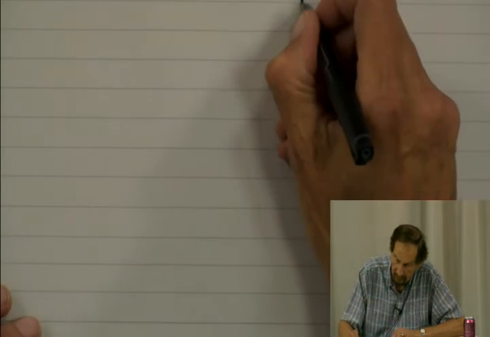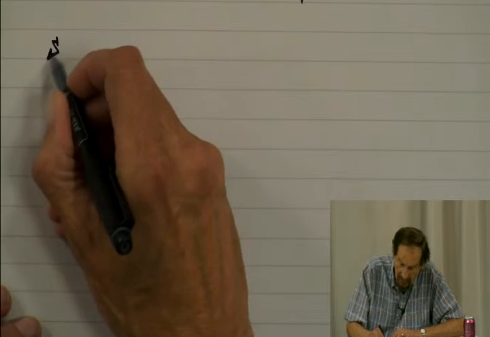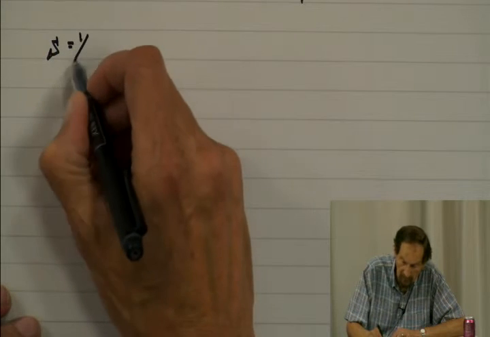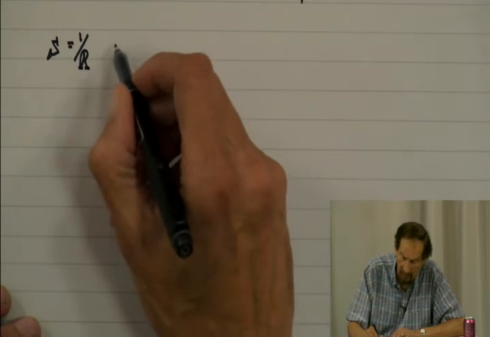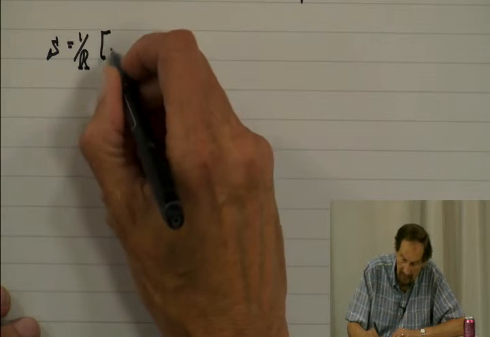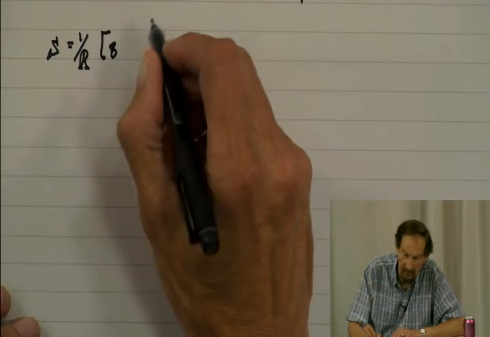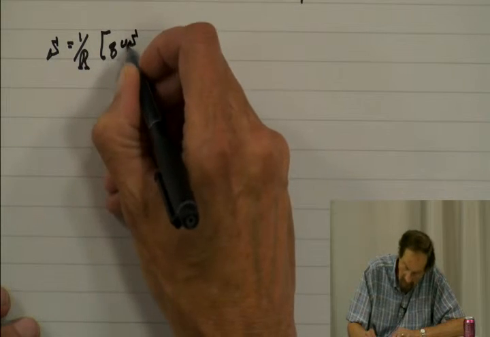This equation is the following: the stock price equals 1 over R. Okay, again, we discount. Now we say Q times US going up.